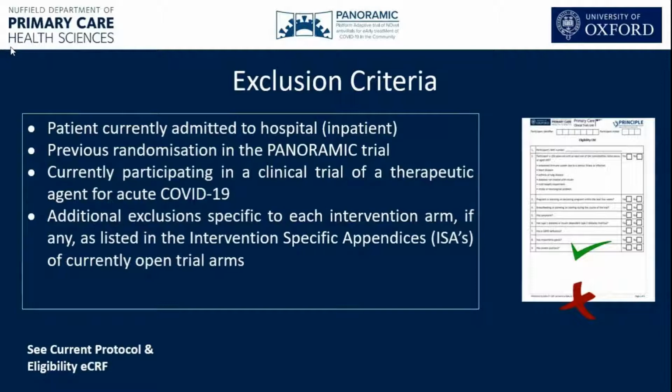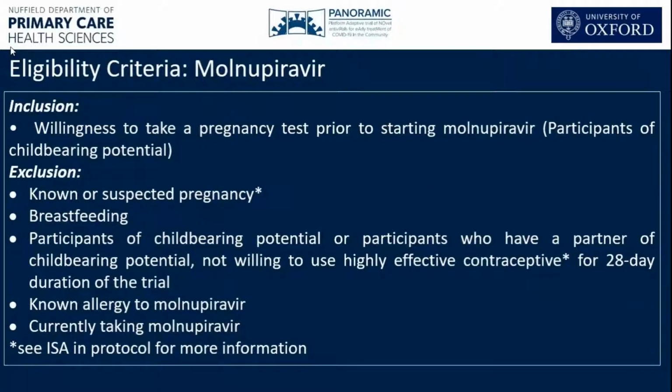intervention-specific appendices. So looking at the eligibility criteria specific to molnupiravir, participants of childbearing potential must be willing to take a pregnancy test before starting the study drug.